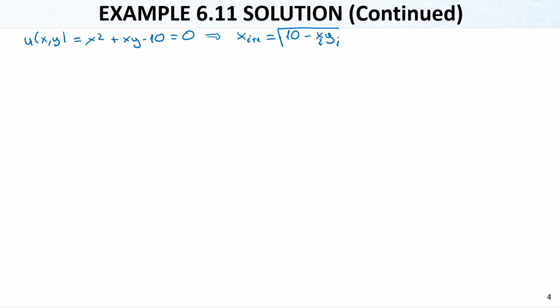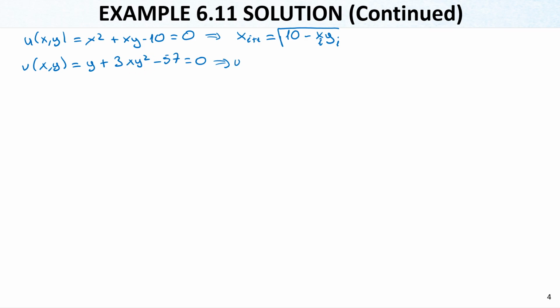This is the first function, and the second one was v(x, y), which was equivalent to y plus 3xy square minus 57 equals 0, and in here now we are using this squared value as well, isolated.